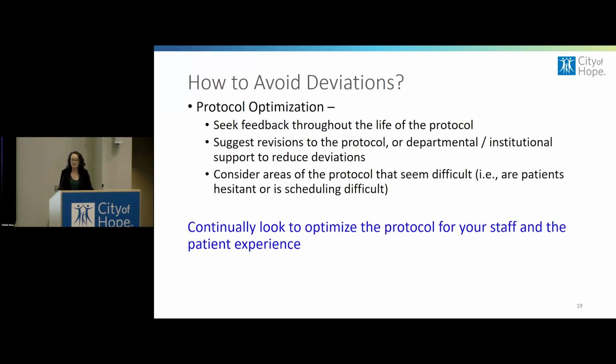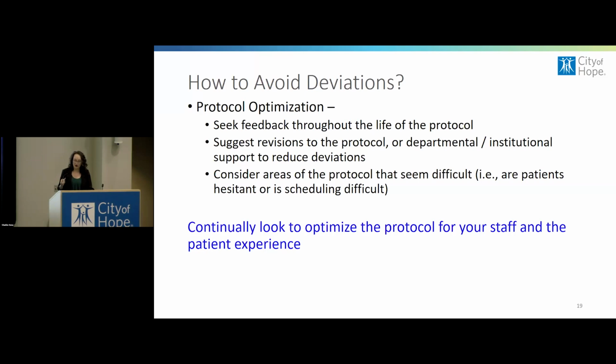An example that I have: in one of our studies, we had a pre-lymphodepletion CSF collection. That was a standalone appointment that required MD time and CRN time. The CRNs were doing it, the PIs were doing it, but it was difficult for the patients.